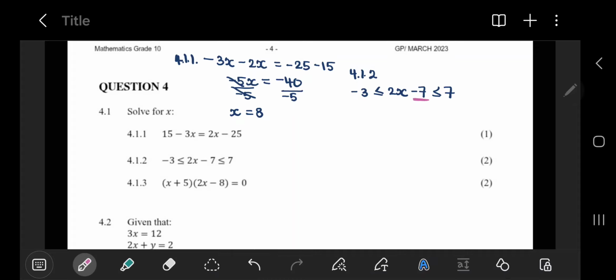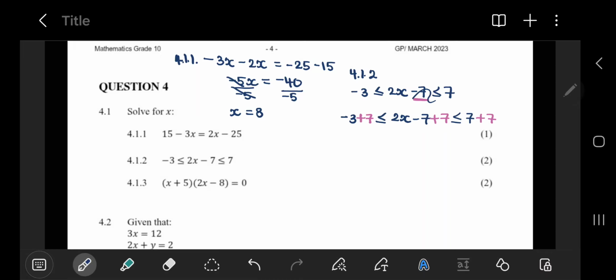Now how we do that is we'll have to add 7 throughout. So to show that you're adding 7, it's not necessary as a step, but I've just written it down so that you can understand exactly what we're doing. We are trying to cancel out the minus 7 from the middle. So we'll add 7 throughout, meaning every single side, the left, the middle, and the right.